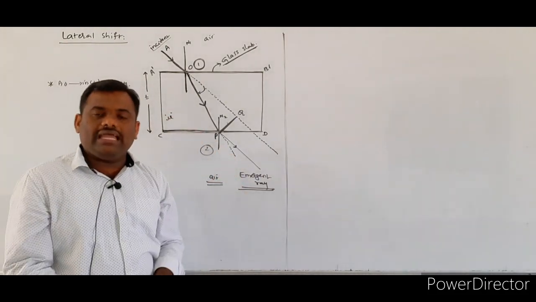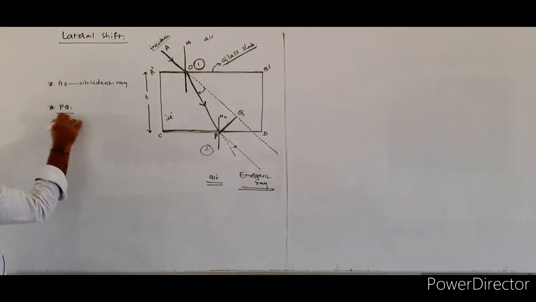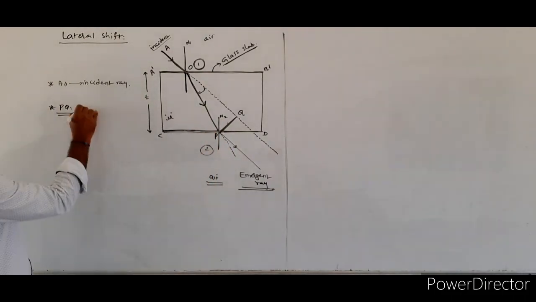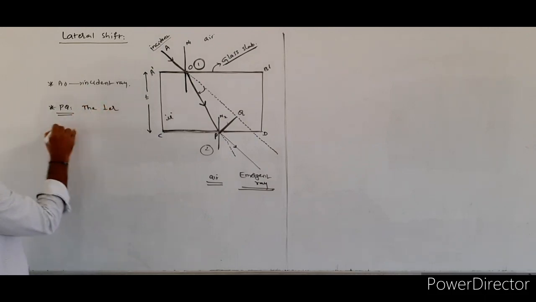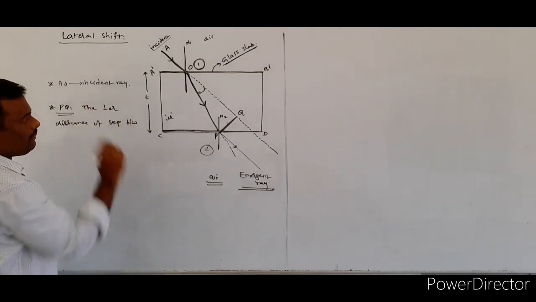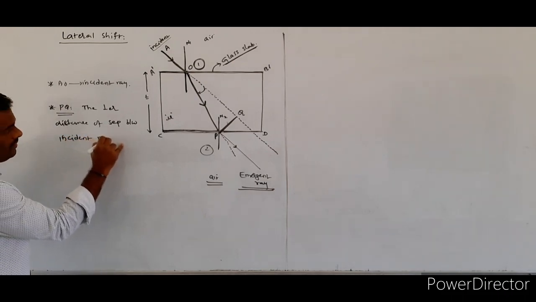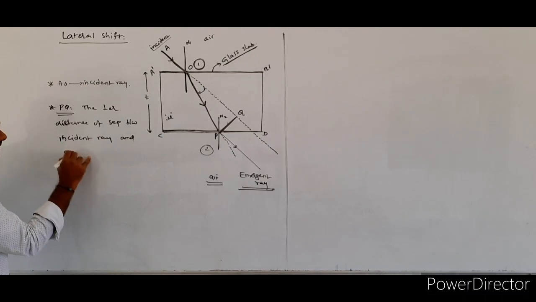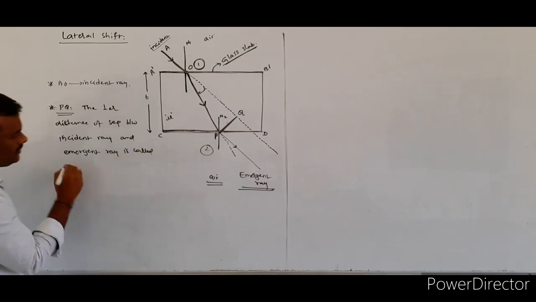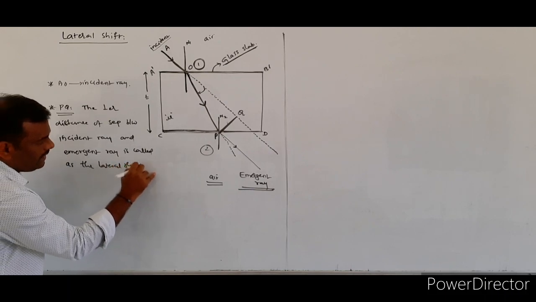So what is the definition of the lateral shift? It is represented by PQ in the diagram. The perpendicular distance of separation between the incident light ray and the emergent ray is called the lateral shift.